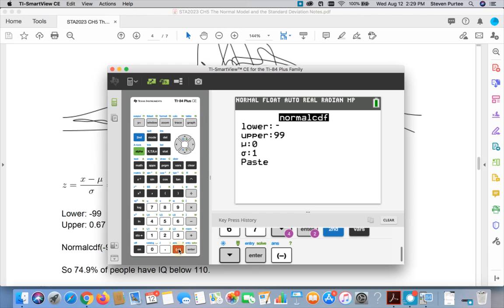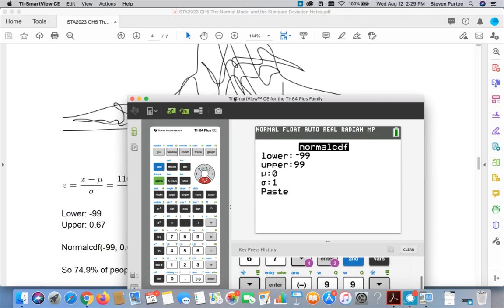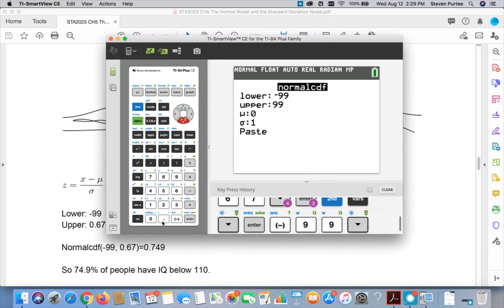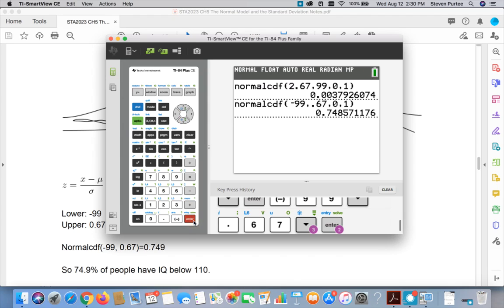I want negative 99 up to, what was it, 0.67? Yes. Or if you have the other kind of calculator, normal CDF, negative 99, comma, 0.67, and hit enter.